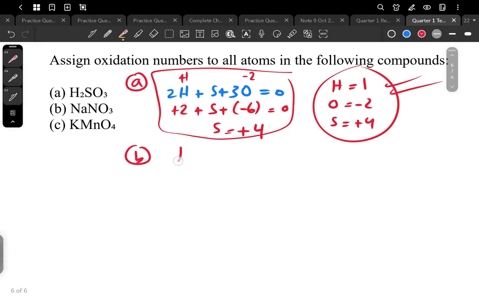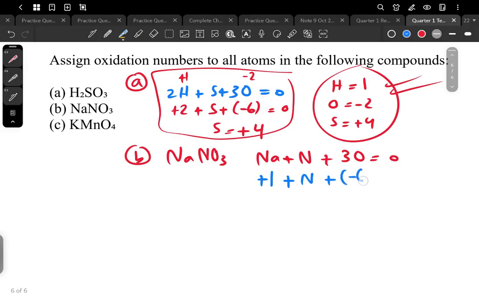B, NaNO3. Okay, so Na, the sodium, plus N, nitrogen, plus 3 oxygen equals 0. Na belongs to the first group in the periodic table, so it has an oxidation number of positive 1, plus N, and we know that oxygen equals negative 2, negative 2 multiplied by 3 is negative 6, and this equals 0. When you move negative 6 to the other side, it's going to be positive 6.